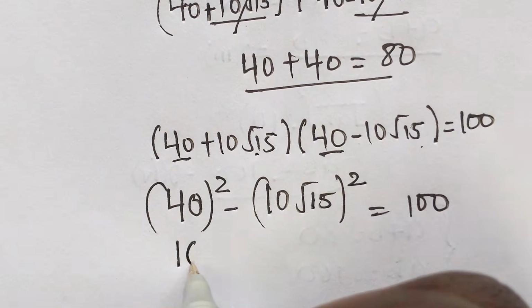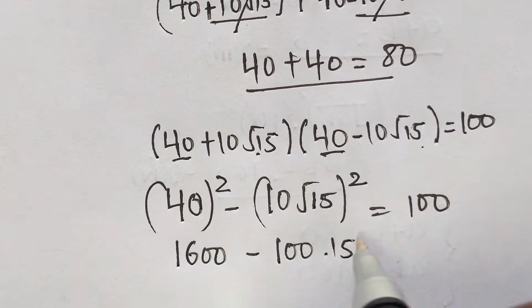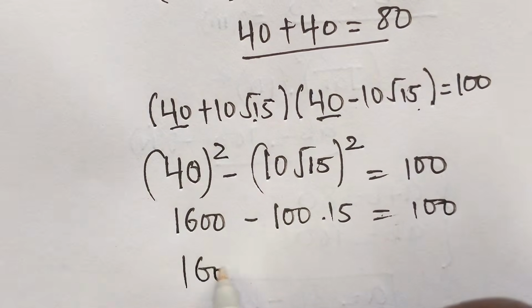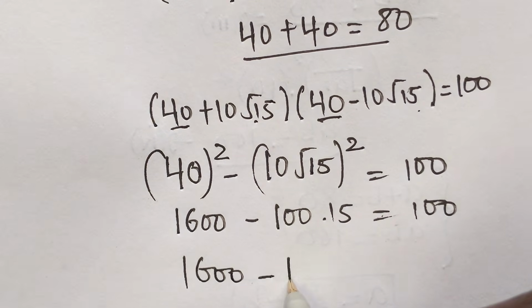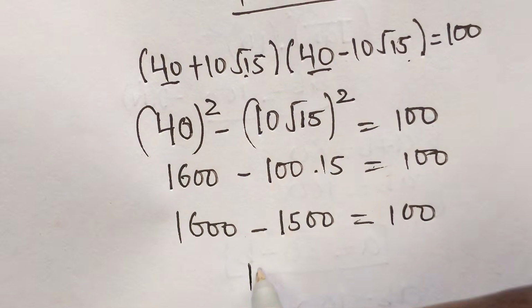This is 1600 minus 100 times 15, which is 1600 minus 1500, which is equal to 100, and here 100 is equal to 100.